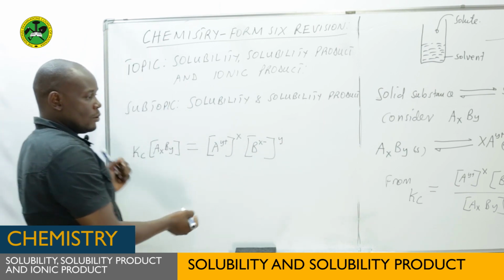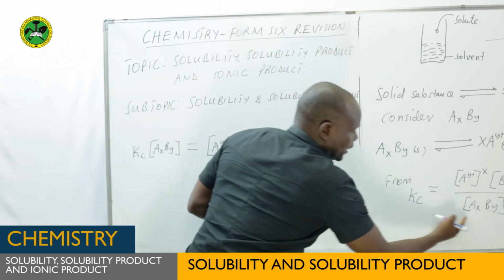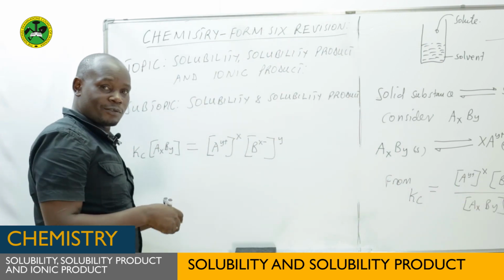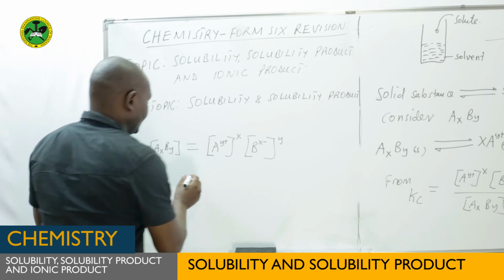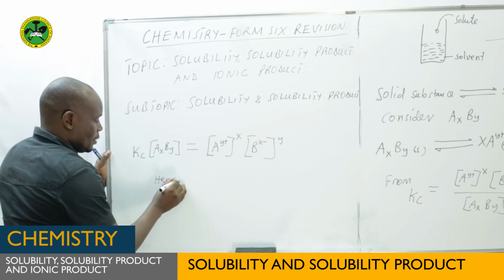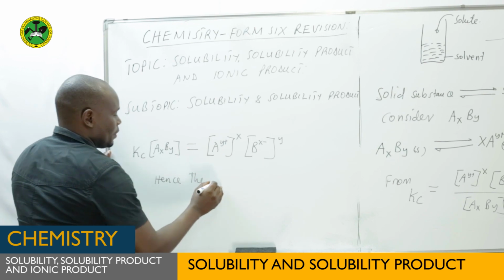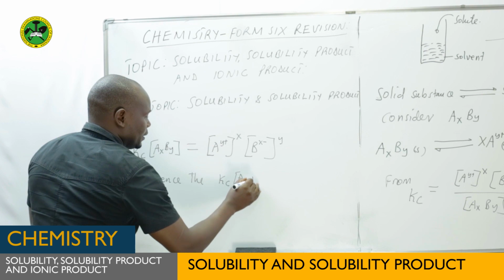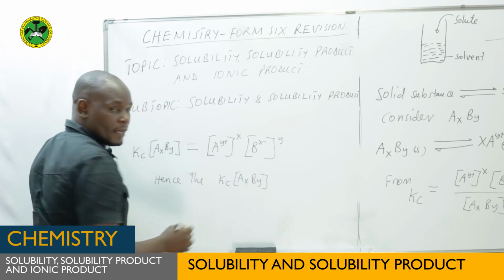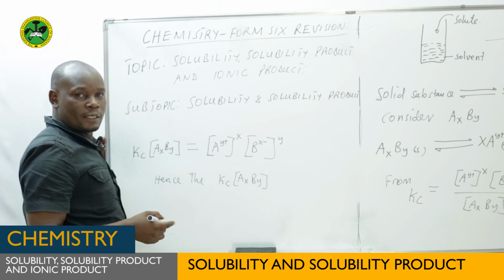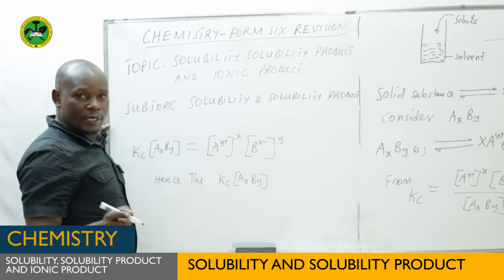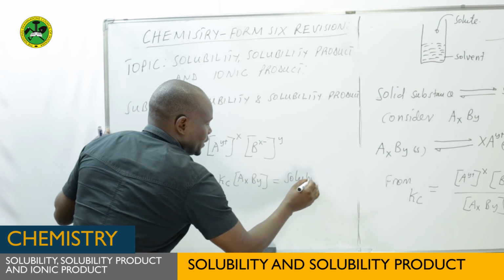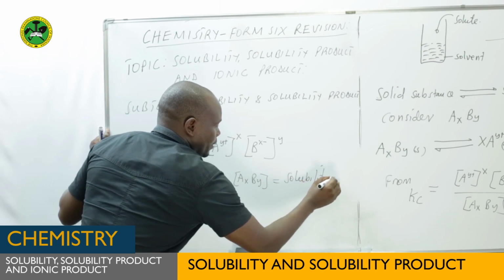Since the concentration of the solid is negligible, very small, we neglect it. Then Kc times the concentration of AxBy gives us another constant, which is known as the solubility product.